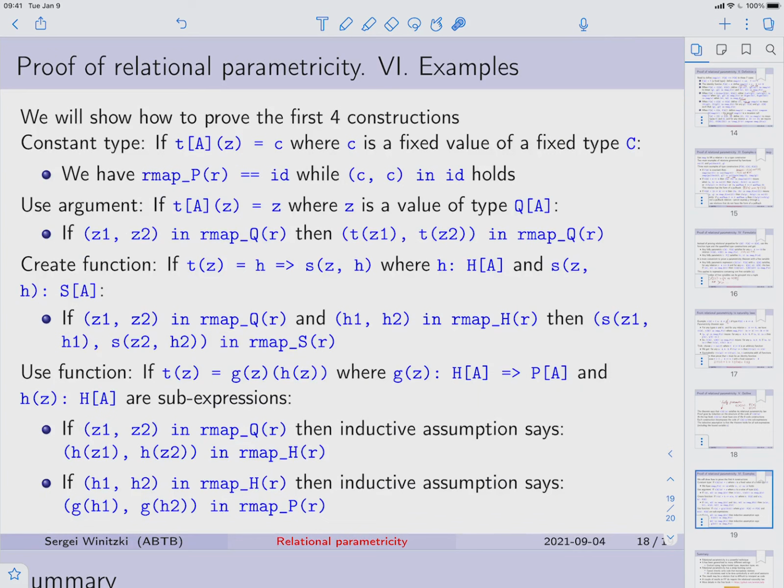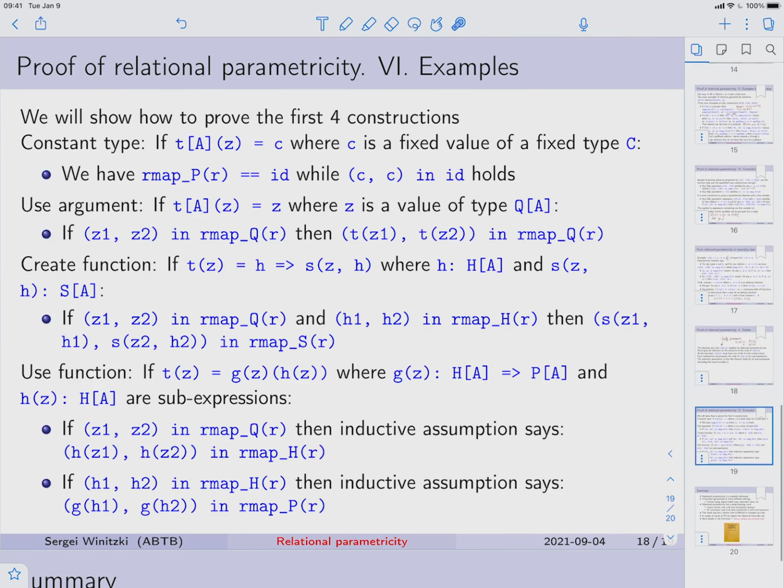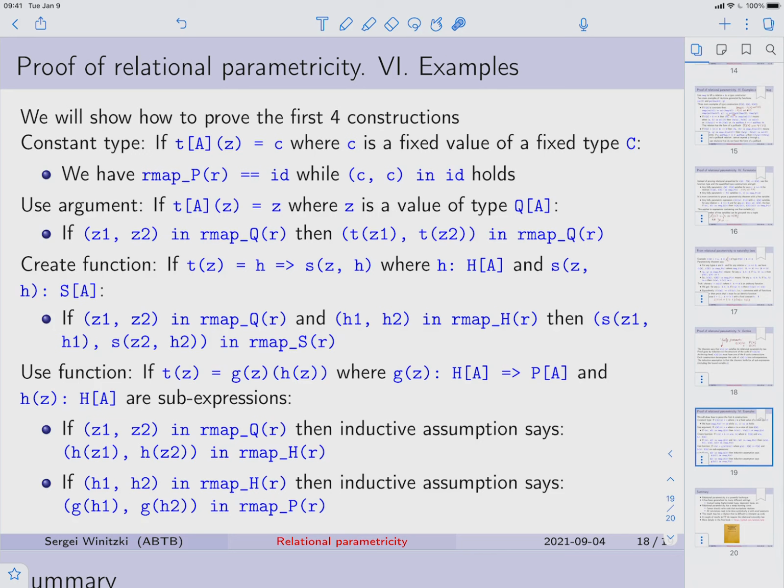So I'll just outline how we prove the first 4 constructions. Now all the proofs go in a similar way. So here's, for example, the constant type. The code of the expression t is just a constant C, a fixed value of a fixed type C. Then by definition of lifting, the lifting is just identity.